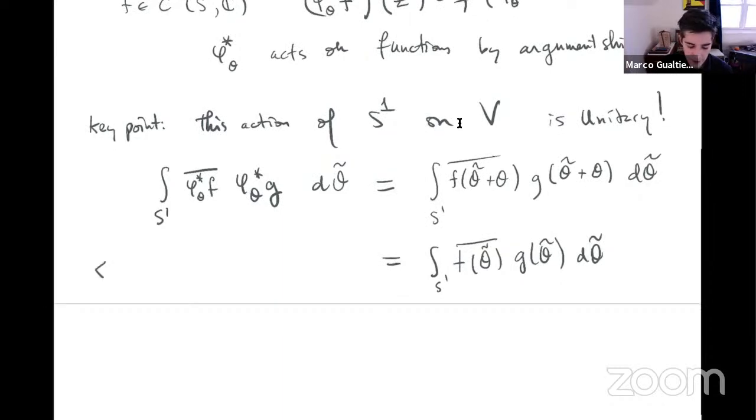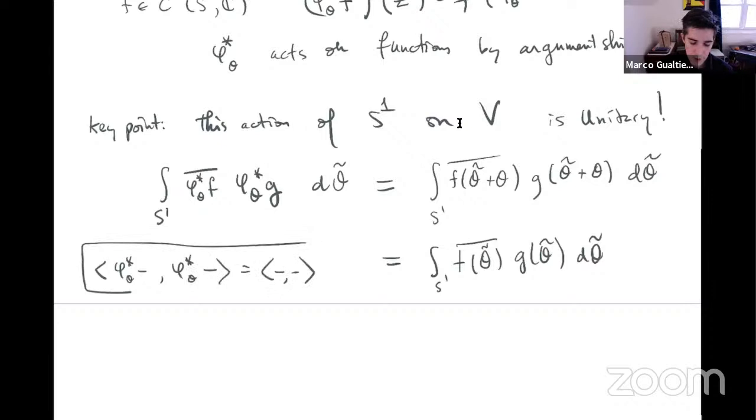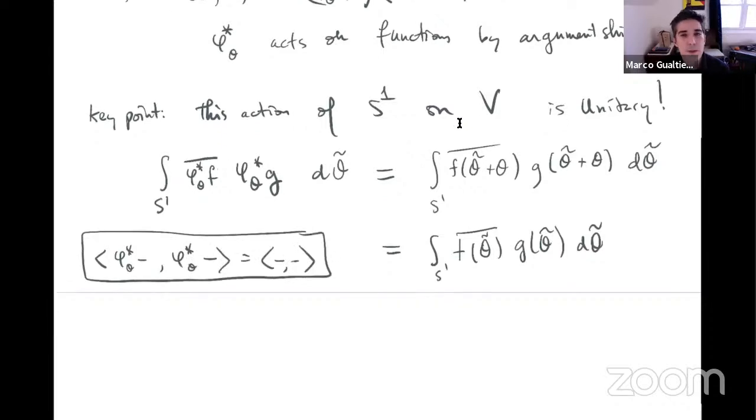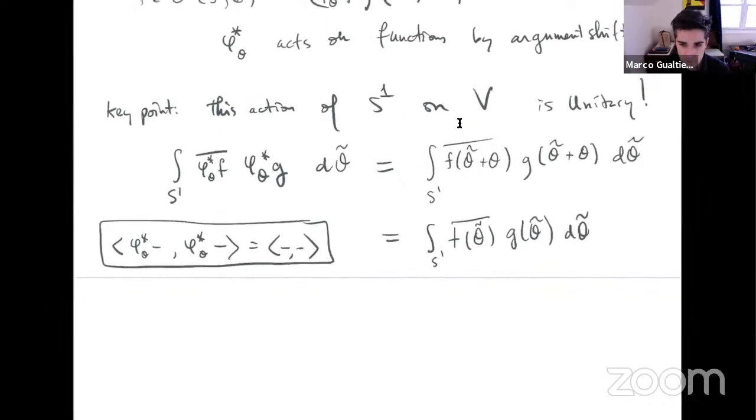So this is telling me that φ_θ* is equal to this. So we've got a unitary transformation. Okay, so translation or rotation in the space is generating a unitary transformation of the vector space. That's the cool thing.